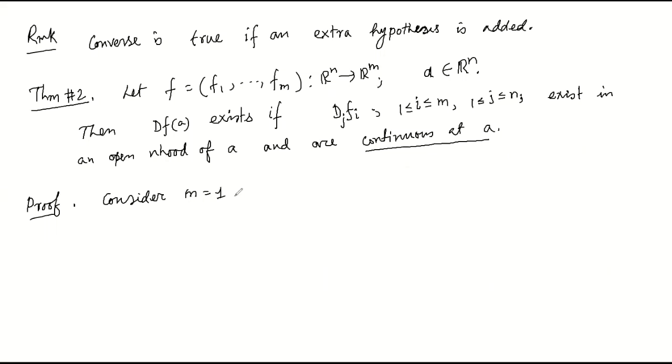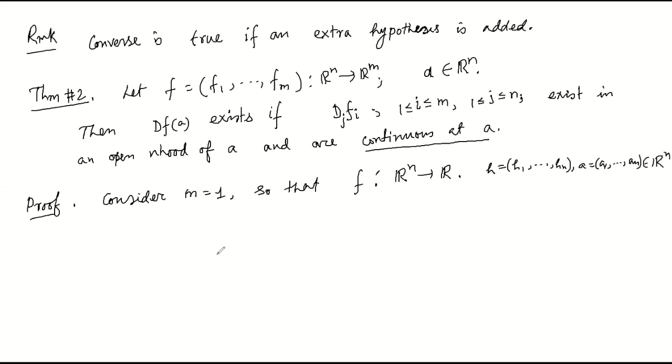So consider m equal to 1, so that the function f is from Rn to R. So real valued multivariable function. Now let h equal to h1 and so on hn, and a equal to a1 and so on an. This belongs to Rn.